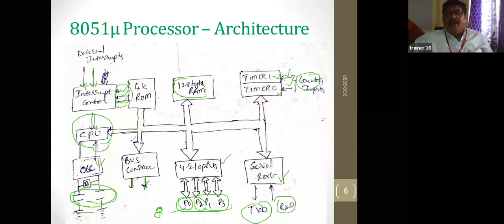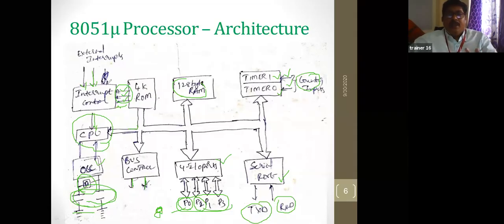In this oscillatory clock circuit, you can also call it oscillatory clock pulses. This round is nothing but the quartz crystal. And this interrupt control is the input to the CPU.